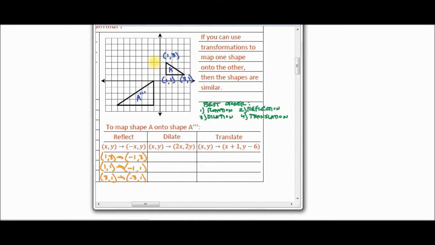I'll plot those points. Here's my first one, -1, 3, -1, 1, and... Was that 3, 1? 1, 2, 3, 4. Oh, I just noticed something. Let's correct this. This was supposed to be 4, comma 1.